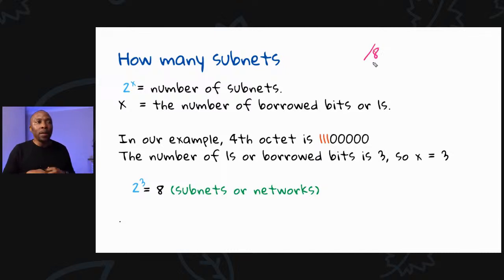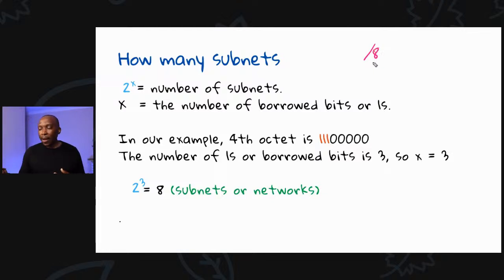However, when we do subnetting, 90% of the time we are not subnetting on the classful boundary, but we are borrowing from the classful boundary. And I'll probably explain what I mean by saying we are borrowing from the classful boundary.